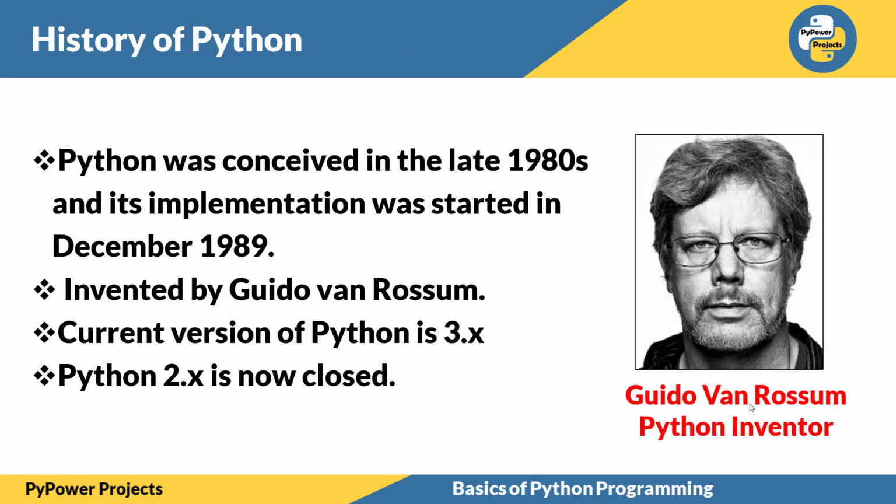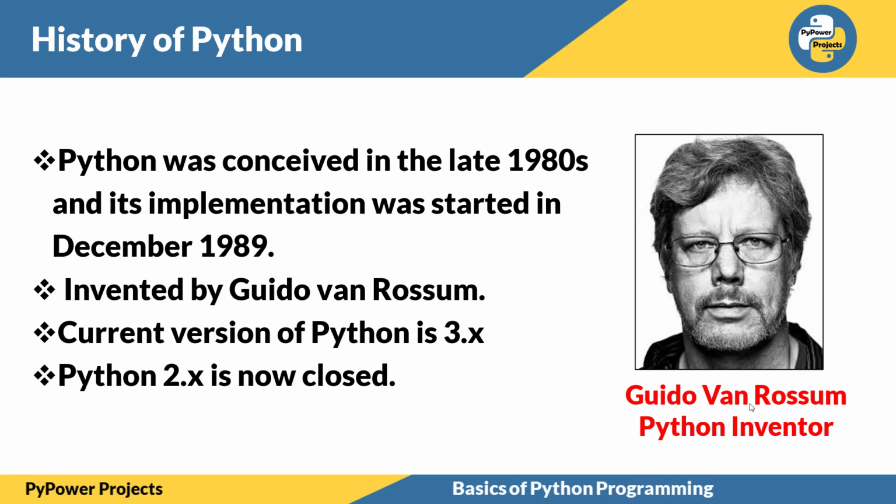The history of Python. Python was conceived in the late 1980s and implementation was started in '89 because it was invented by Guido van Rossum. Now the current version of Python is 3.x, I would say 3.7 or 3.8 maybe, but Python 2 has been closed.